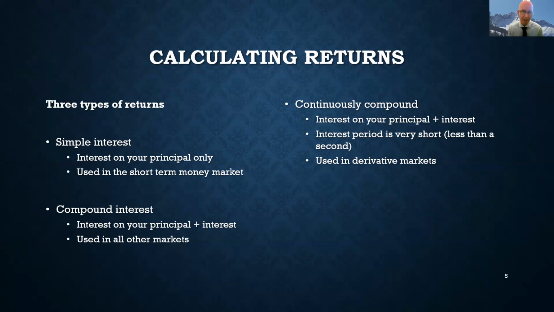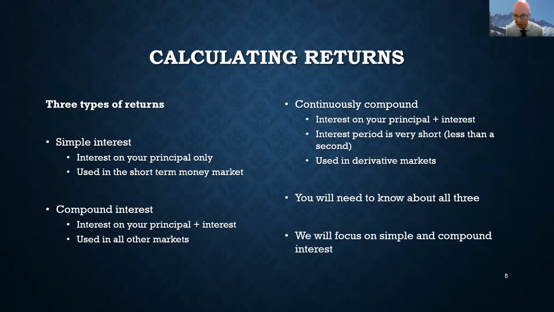Continuously compounded is used in the derivative market, and simple interest is used in the short-term money market. And in this unit, you'll need to know all three, although we will focus on simple and compound interest. There's just only one or two questions about continuously compound in the mid-semester. I really don't ask it in the final.